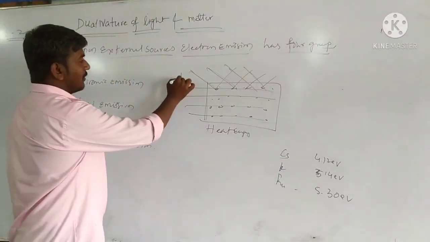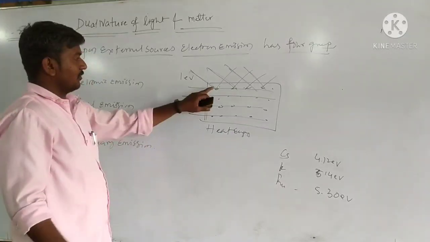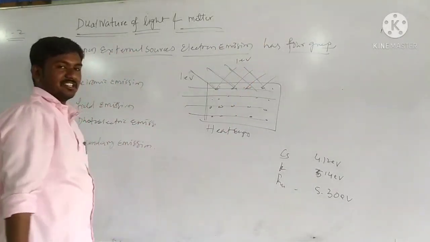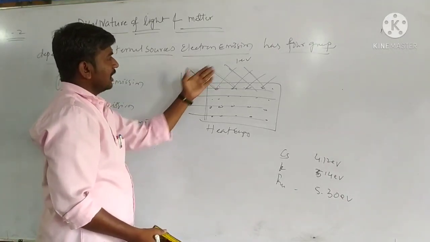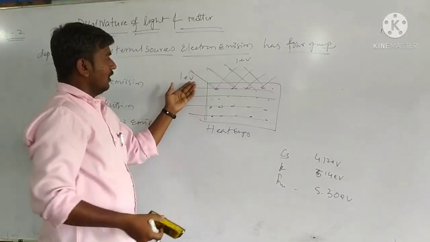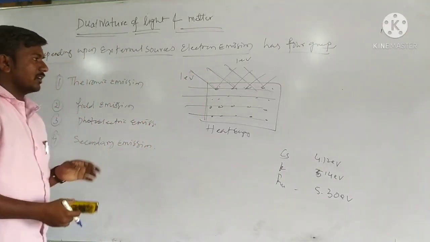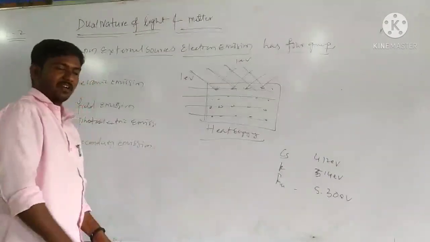So if I supply 1 electron volt, the free electron should go 1 electron volt or which exceeds 1 electron volt से ज़्यादा रहना. Amount of energy should be equal to or greater than this applied energy. So work function बोलते हैं हम इसको. Okay. So this is heat energy. What is work function?